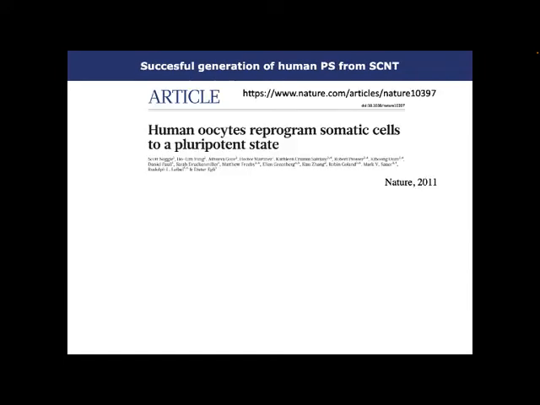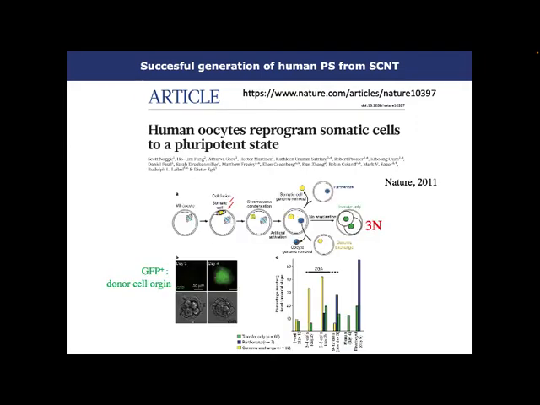Later, there are a few examples that successfully generated human pluripotent stem cells from SCNT technology, and they proved that similar cloning by SCNT is not possible in the human embryo.